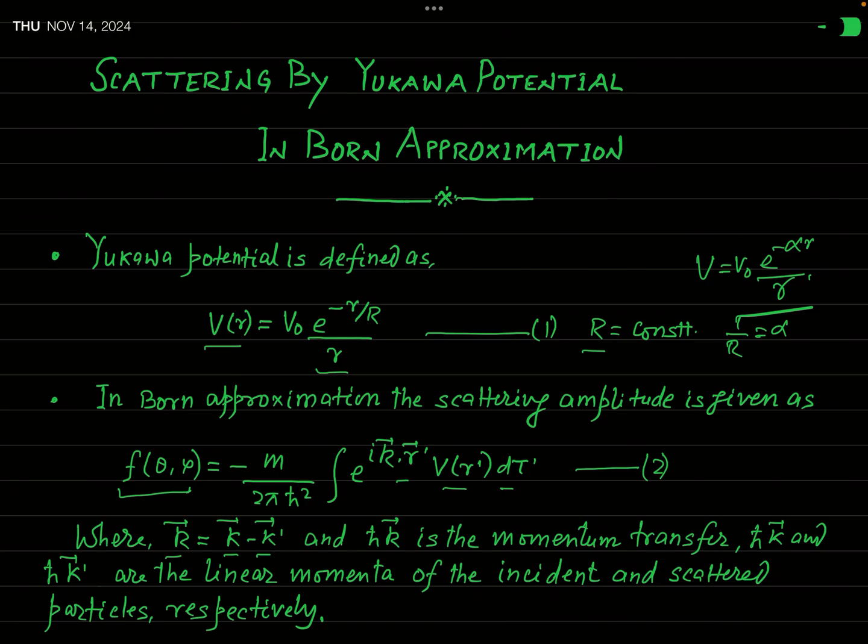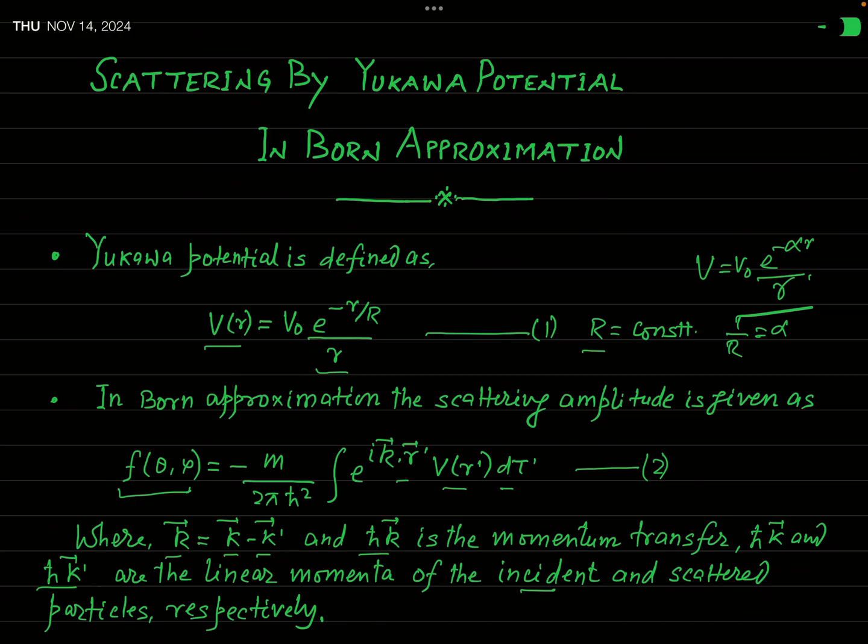If you multiply this kappa by h bar, it gives the transfer of momentum, because this will be equal to h bar k minus h bar k dash. h bar k represents the momentum of the incident particle, and h bar k dash is the momentum of the scattered particle.